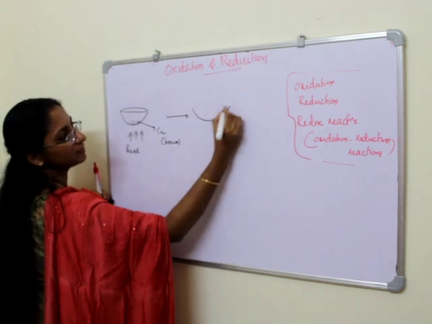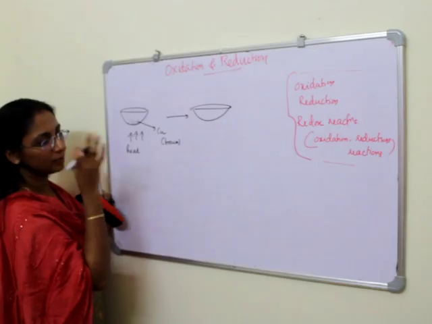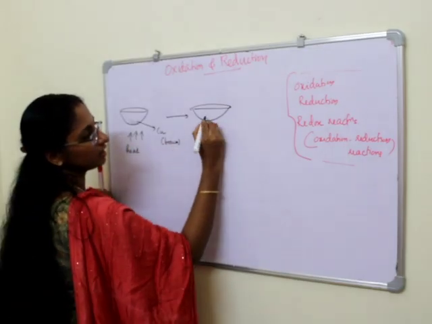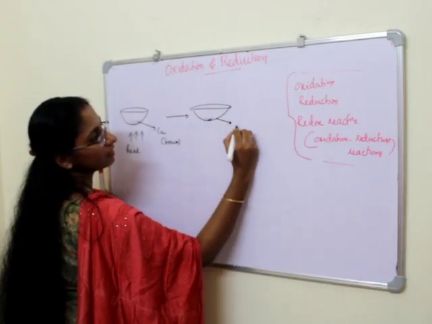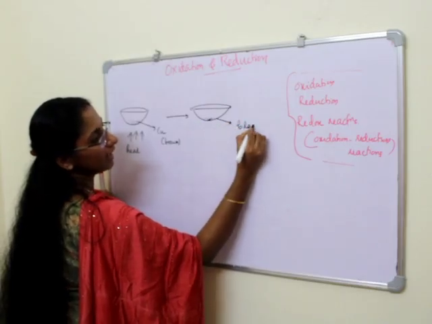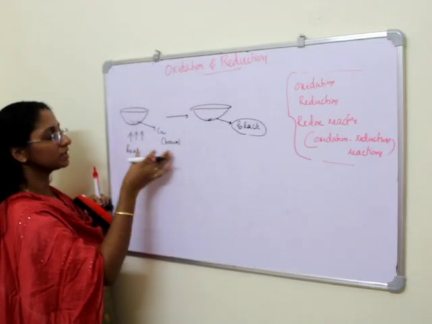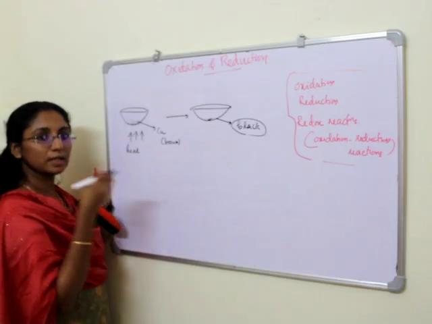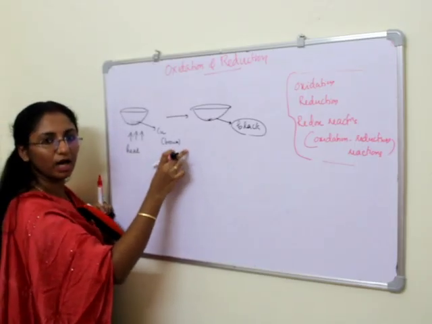After some time the color of this copper will change, the copper metal will change into powder, and the color will be black. So what is happening when we are applying heat to this copper metal? There may be some chemical reaction, right? That's why the color of this copper metal is changed from brown to black.